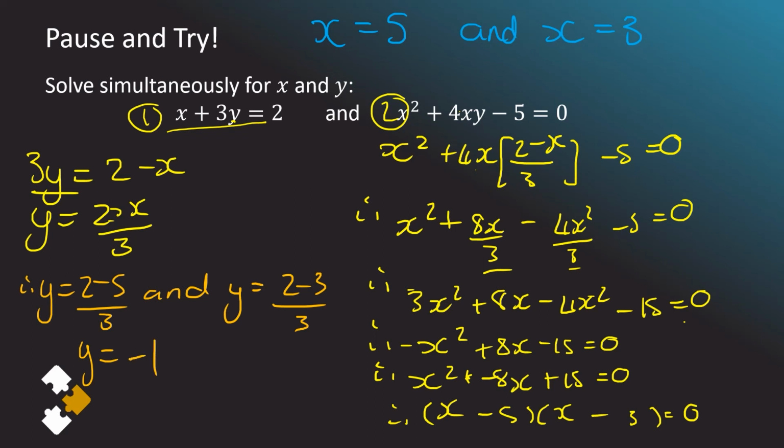That's going to give us an answer of negative 1. And then in our second calculation, y is equal to (2 minus 3) over 3. 2 minus 3 is going to give us negative 1. Therefore, y is going to be equal to negative 1 over 3. These are our two x and y values, and you have solved your simultaneous equation.